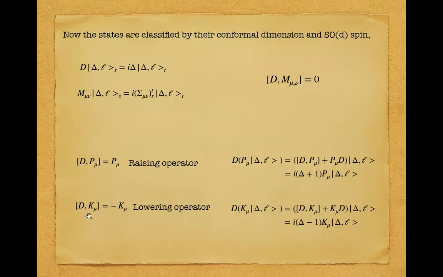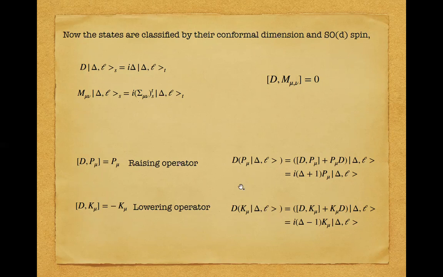And because of the commutation relation like this, when you act on your state by K mu and you measure the energy by acting with D, and you again use the same commutator, you should see that the energy will be decreased by 1 unit.